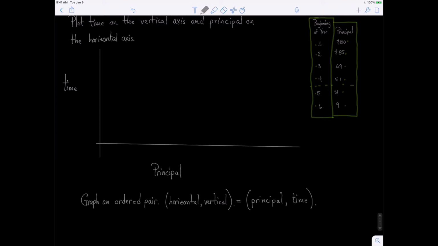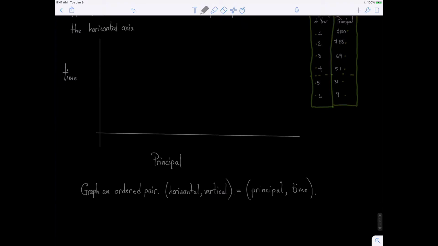If you've ever taken an algebra class, we would call the horizontal axis x, and the vertical axis y. So in algebra, an ordered pair is always x comma y.